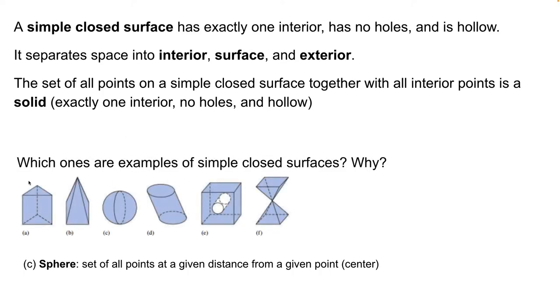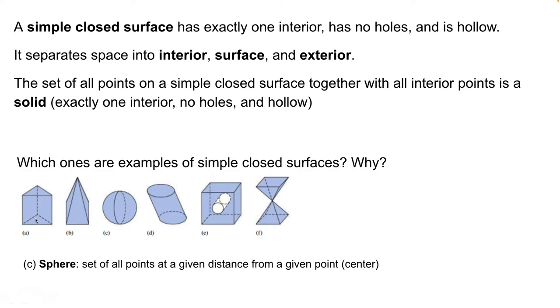Okay, so take a look at these examples and consider which one is a simple closed surface and explain why. Take a moment to examine all six of these examples. What is this? Is this a simple closed surface?